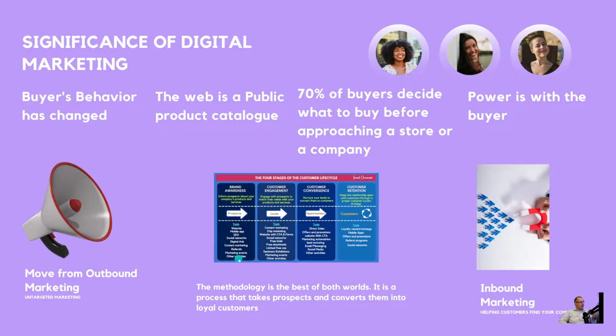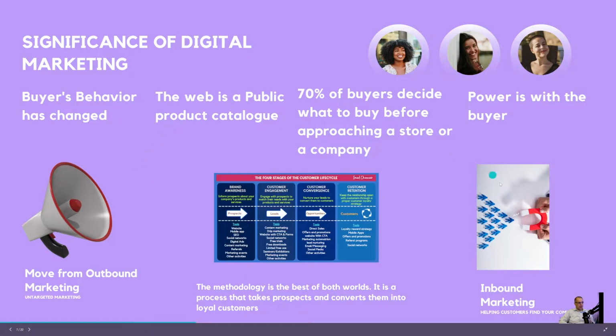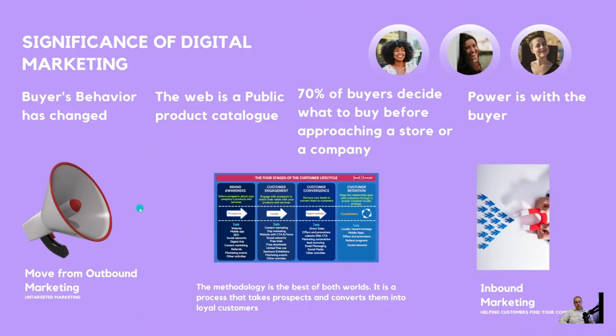Now, in terms of the significance of digital marketing, why are we concerned about the entire thing? It is because we know for sure that the behavior of clients has changed. And that is mainly because of the development in technology.